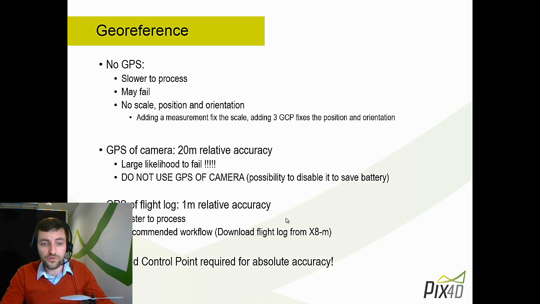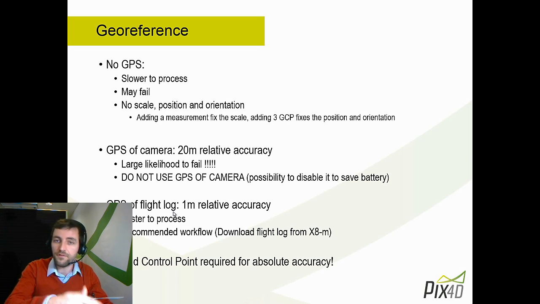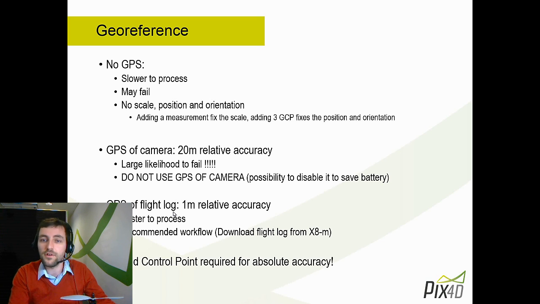However, something really nice to use is the GPS of the flight log. As I mentioned, after the flight, you can connect the drone to your computer, get the flight log of the mission, and then import this log file into Pix4D Mapper to tag the imagery. Tagging this imagery is the recommended workflow, as it's faster to process and much more likely to work very well.